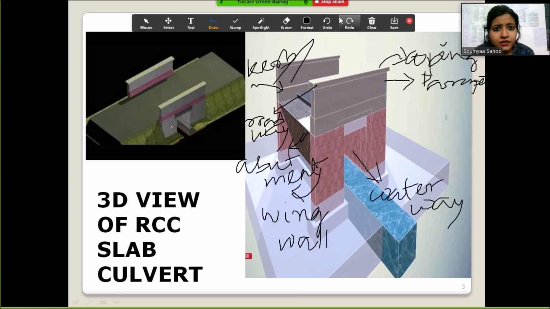It was previously asked in the examination: what are the differences between an abutment and a pier?